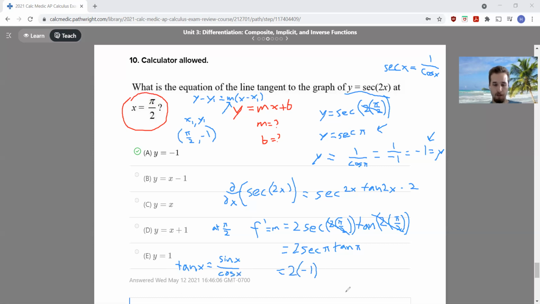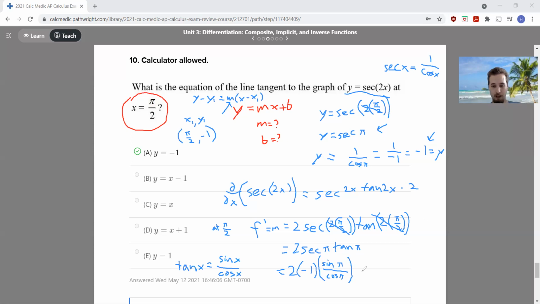So tangent of pi is equal to sine of pi over cosine of pi.